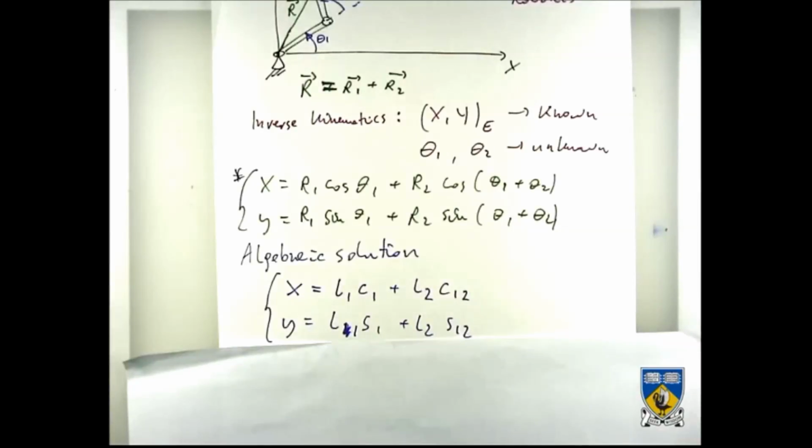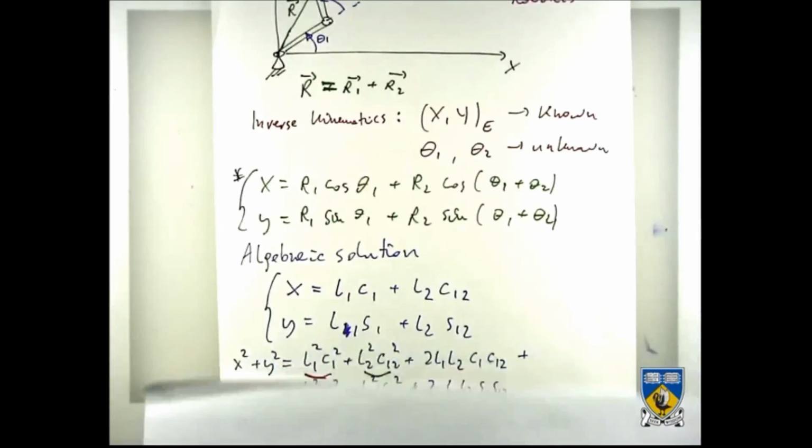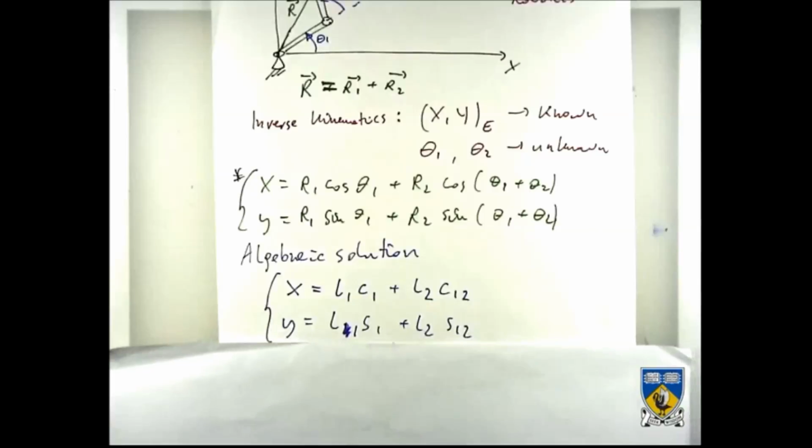Okay, and there are a number of standard ways to solve this problem, and the one that I will be showing is the so-called algebraic solution. I suppose it is not very clear how to solve this set of equations for unknown angles, theta 1 and theta 2.